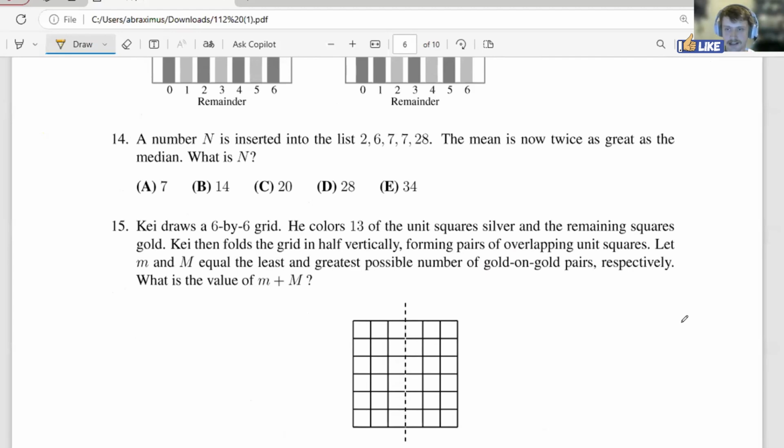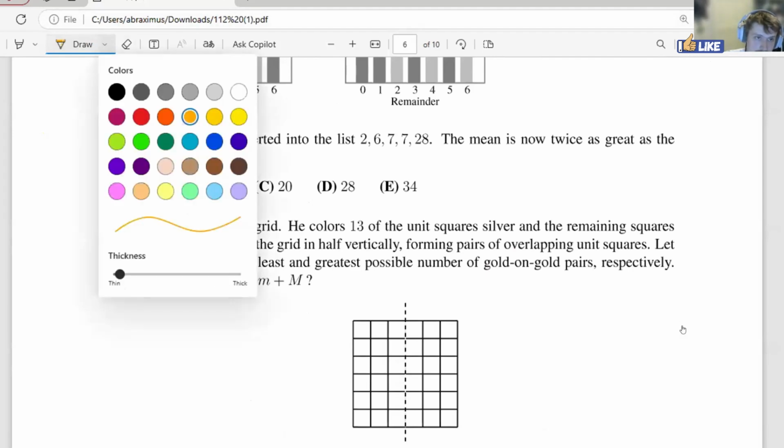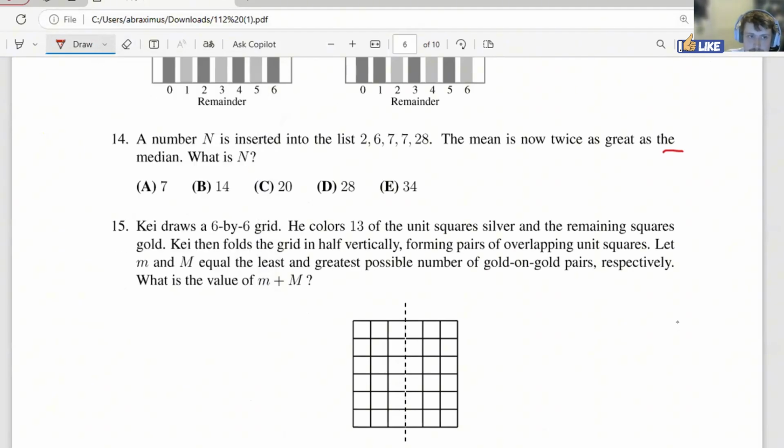The mean is now twice as great as the median. What is n? When they say the median, that's a hint that there's exactly 1, so the median doesn't change. In this case, the median is 7.